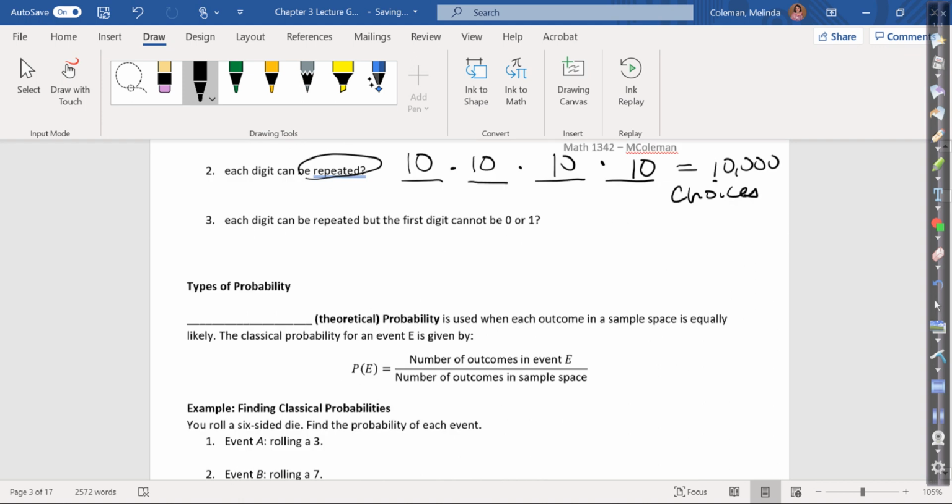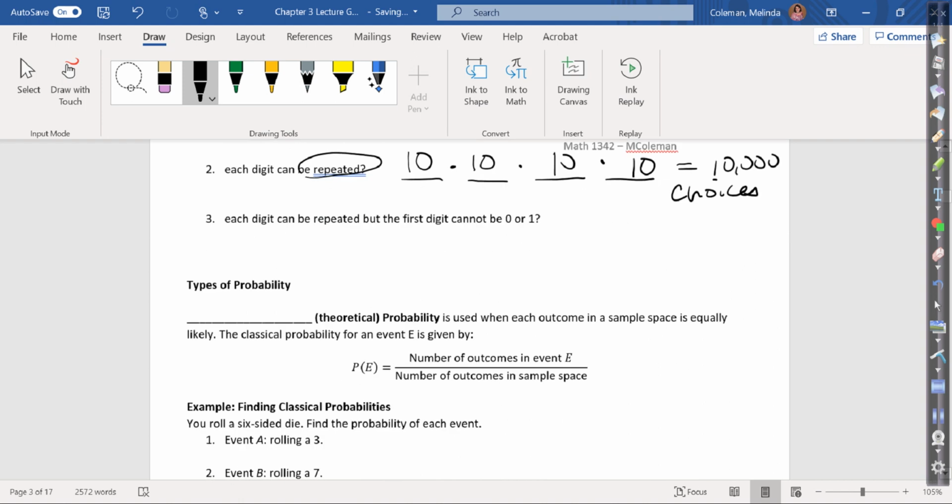Then we can get a little bit more creative and we can say, okay, each digit can be repeated, but the first digit cannot be 0 or 1. So we still have 4 slots. Still going to multiply. The first digit, so this would be our first digit, cannot be a 0 or a 1.